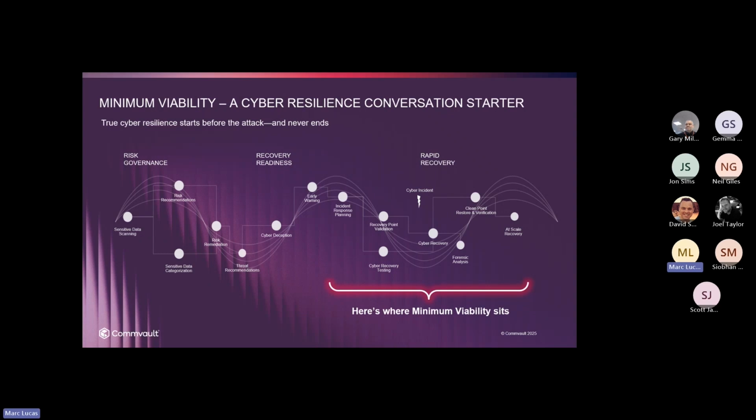So I mentioned this right at the beginning. We focused heavily on this new concept of minimum viability, but that's a small part. That concentrates on how do I recover from a ransomware attack.